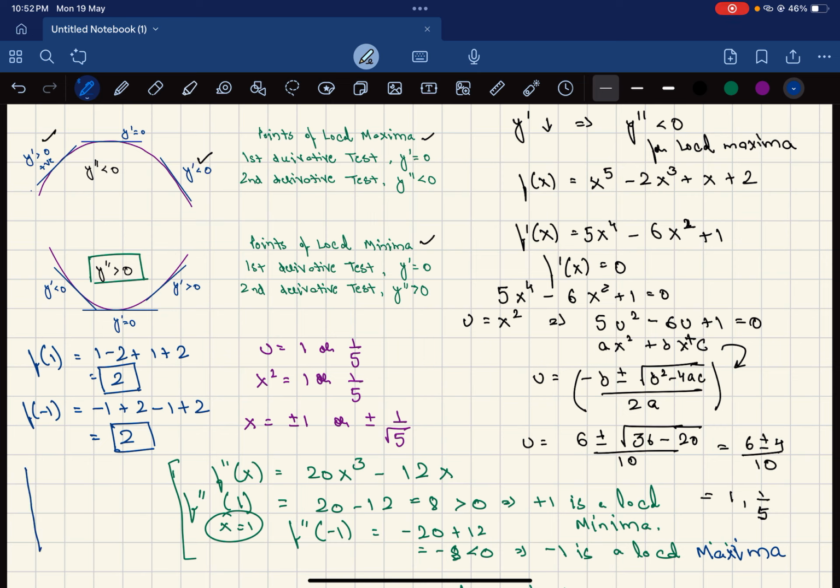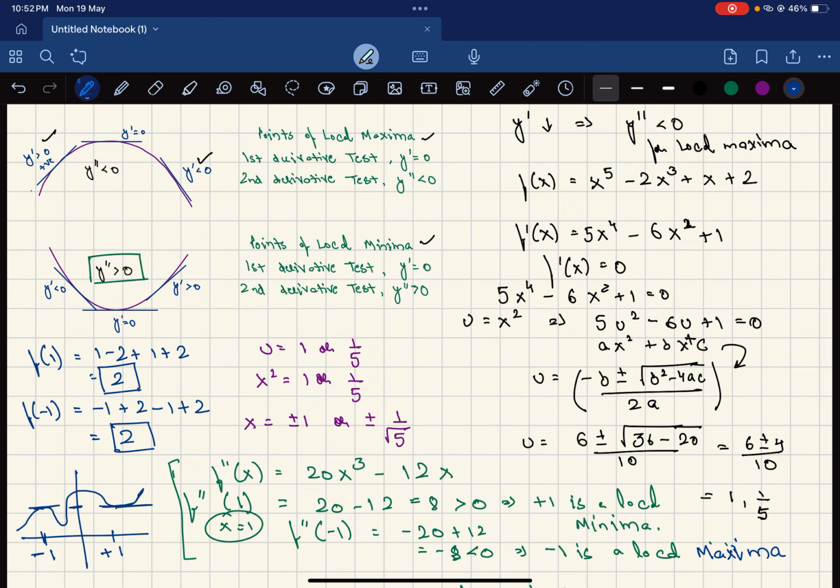So let us say if this is the graph, and let us say we have minus 1 here and plus 1 here. Now we have plus 1 local minima, so it is possible that the minima value is 2 here. So it is possible something like this, and the value is again local maxima in this case, while the value is 2, and local minima in this case, the value is still 2.